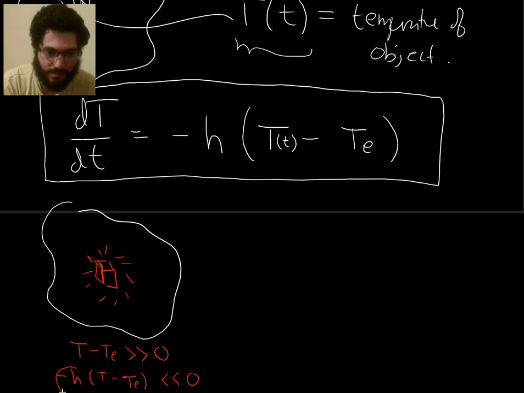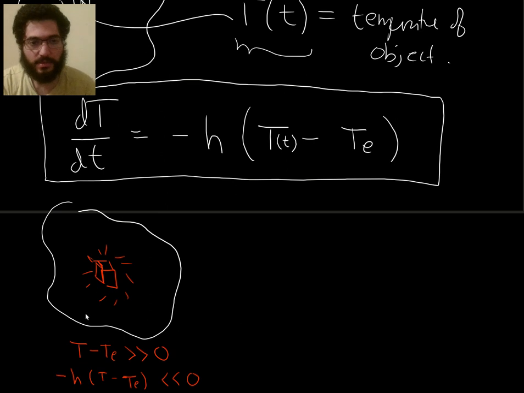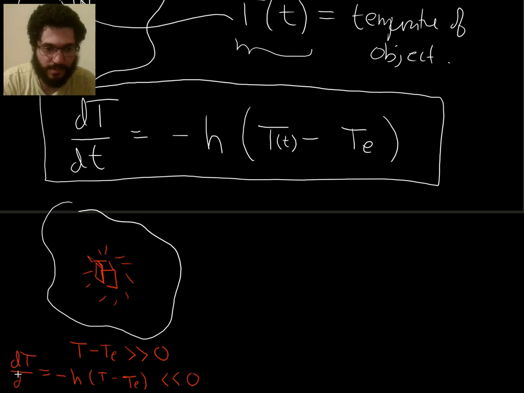Because it's a negative number times a very large positive number. So then, and this is what the differential equation says is the time rate of change of the temperature. So in other words, the rate of change of the temperature in time is very negative. The temperature drops very quickly. Hopefully this makes sense.